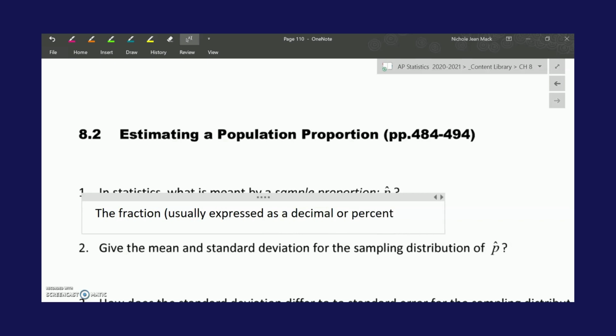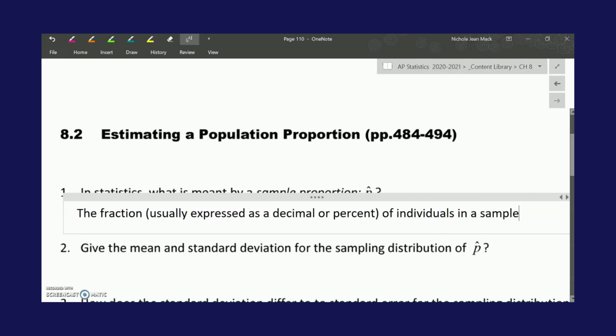That's kind of how you know. And it's a fraction of individuals in a sample. So it's not the population, it's just a sample, like a little group of individuals that you're talking to, that exhibits some kind of characteristic.